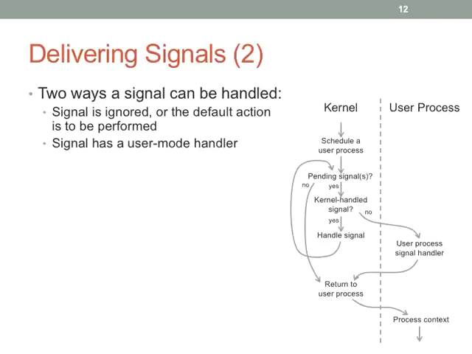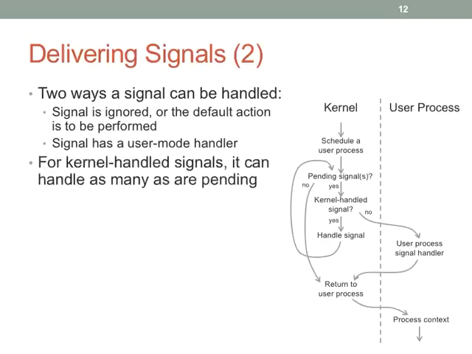Yes. And then you'll notice that kernel handled signals and user handled signals are handled a little bit differently. So if it's kernel handled, we handle as many as we can. If it's user handled, we only handle one of them. Okay, and we do this weird little thing where we step back into the user process, deal with the signal, step back into the kernel, and then step back into the user process. We'll talk about why in a second.